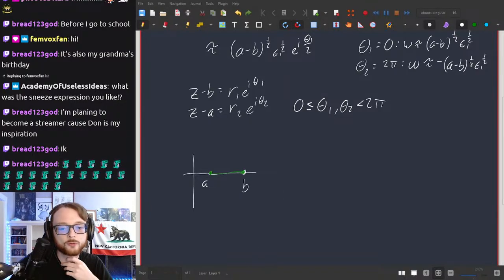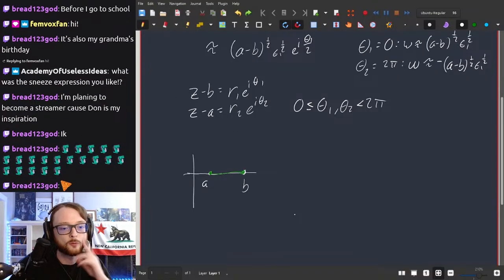Where do they put the origin? They don't put the origin anywhere, which I guess doesn't matter because we're doing these local polar coordinates.